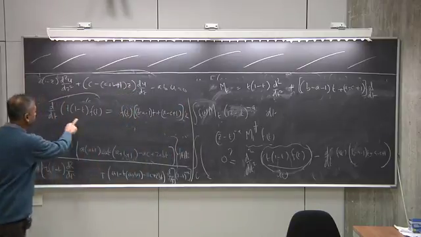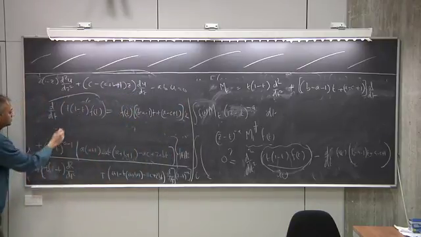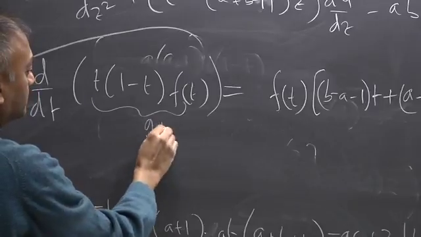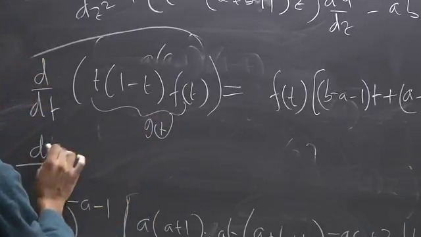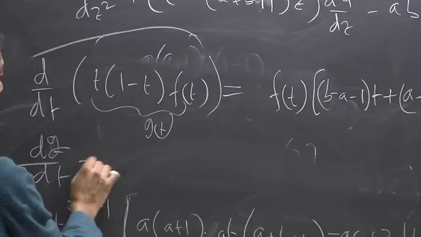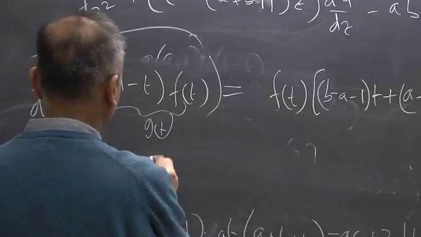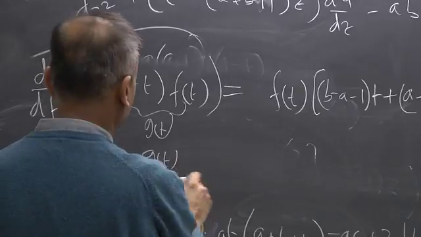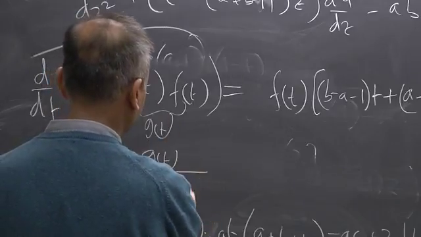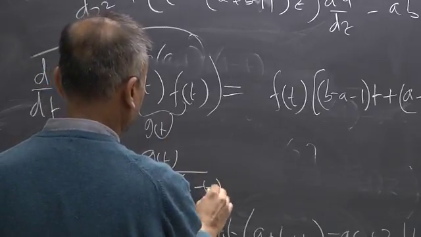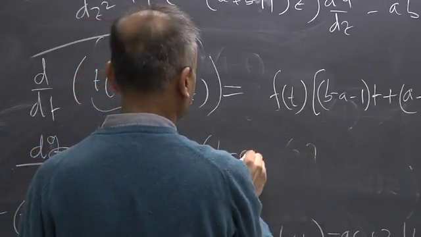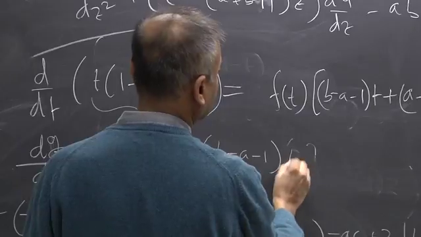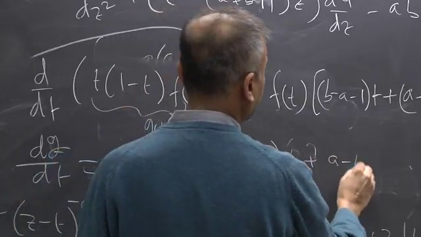But now I need to integrate this, so call this whole thing G of t. The equation we have is dG by dt equal to G of t divided by t times 1 minus t, and then this factor, which is b minus a minus 1 t plus a minus c plus 1.